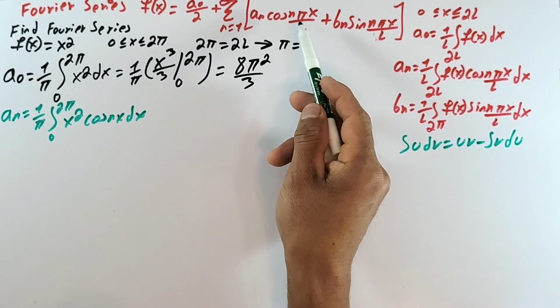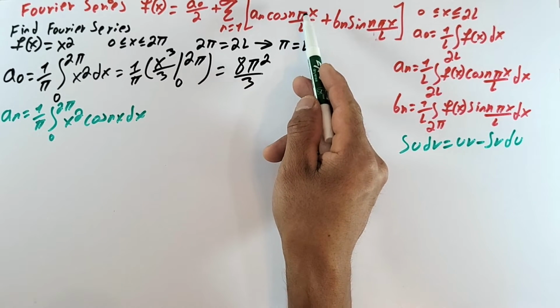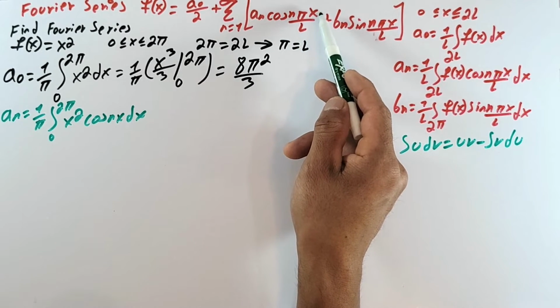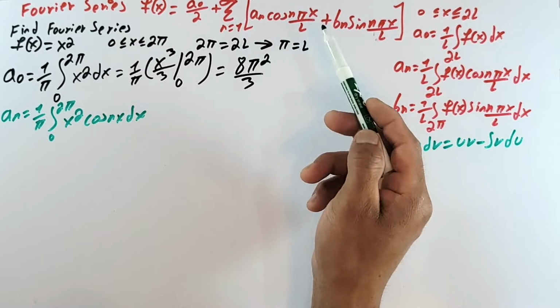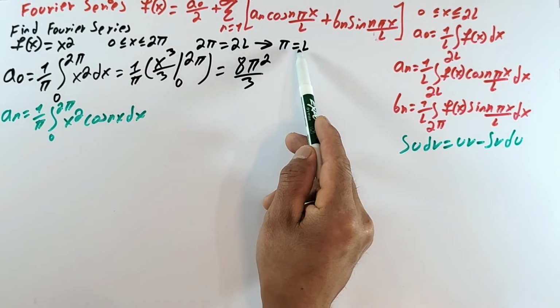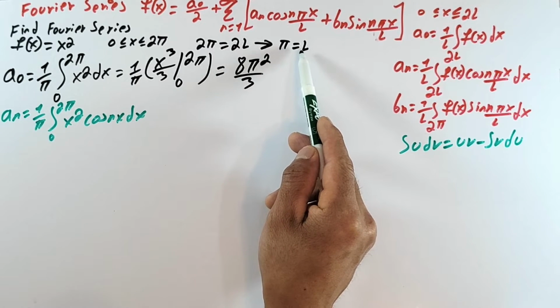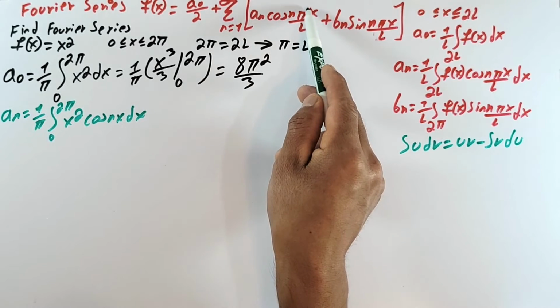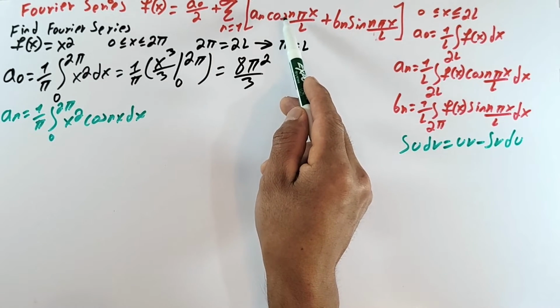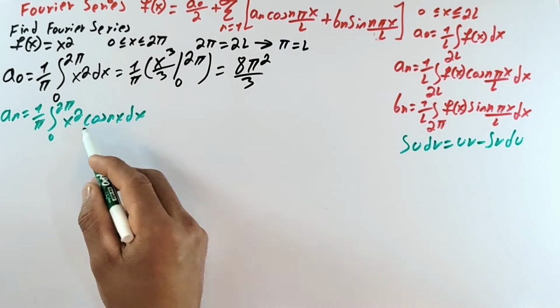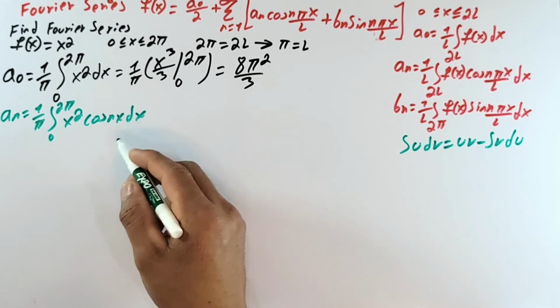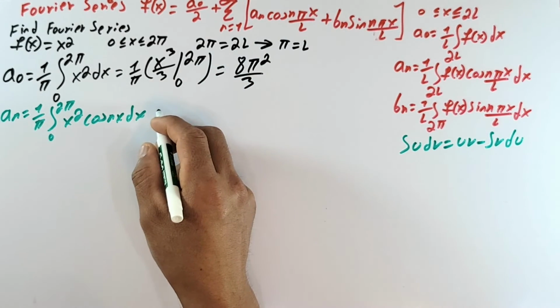Now here you have cos n pi x over L, but what is L? L is given by pi in this case. So once you plug pi here, this cancels and you're left with cos nx. That's why you have this formula right here.